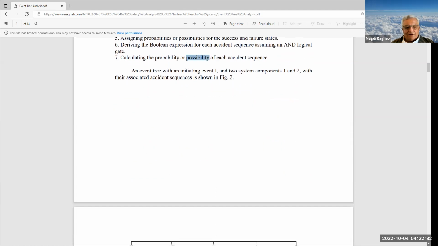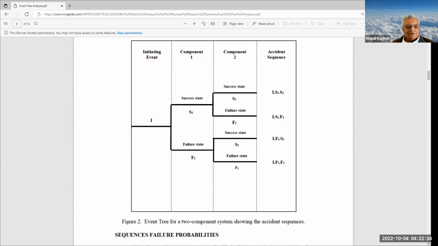So let's look at how we can show this as a graphical representation. It is not exactly the same as a decision tree, as you see here. We start with an initiating event, let's call it I. And then we have different components or different parts of our plant, or a skyscraper, or a bridge, or a refinery, any kind of engineering structure.